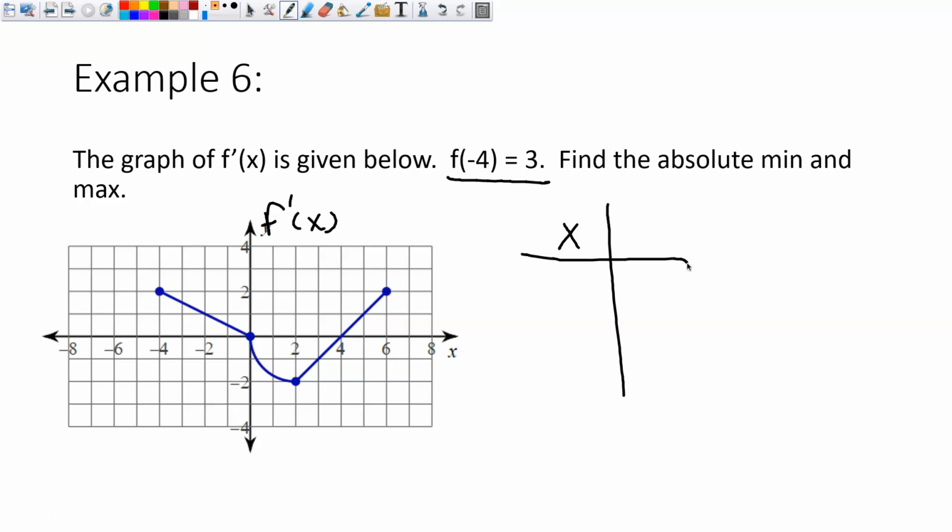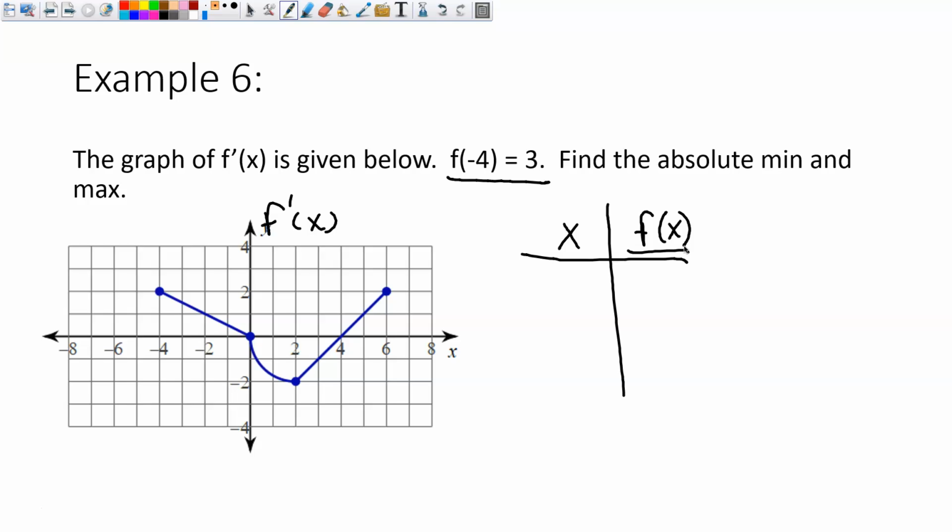Jennifer Castillo. What goes right here? F of x. Why is it f of x? Because that's the function you're trying to find.